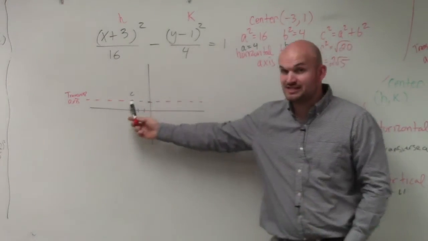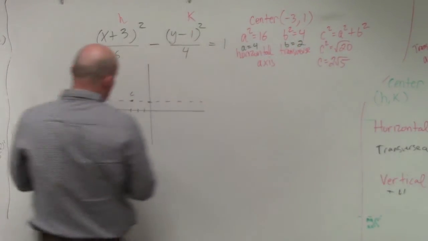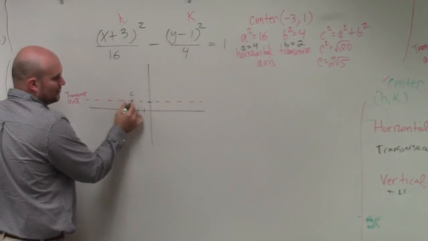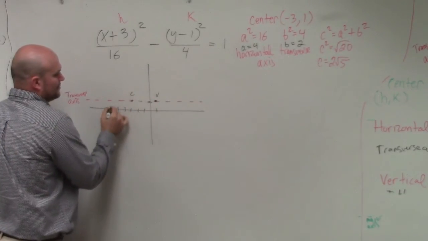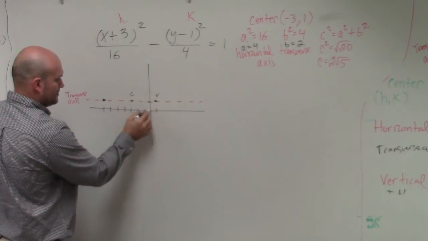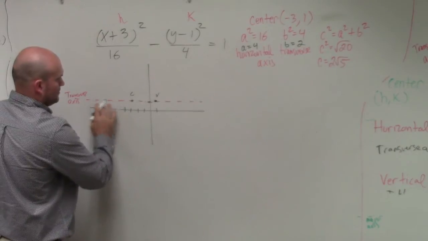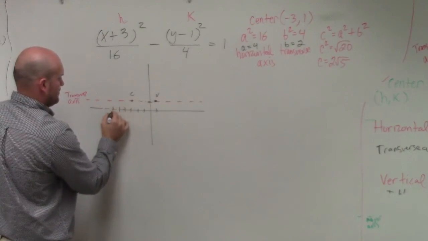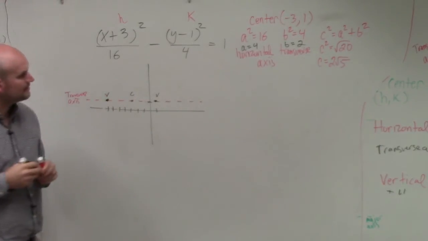So therefore, my vertices are going to be going left and right, because they have to lie on the transverse axis. So all I got to do is just go over 1, 2, 3, 4. 1, 2, 3, 4. So you go left 4 and right 4. There you go. Make it a little better.